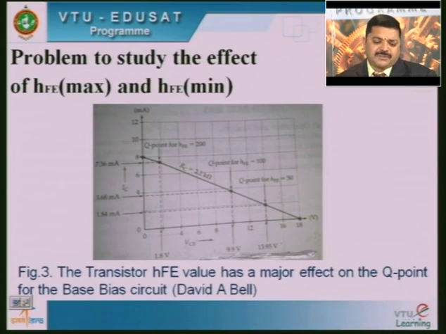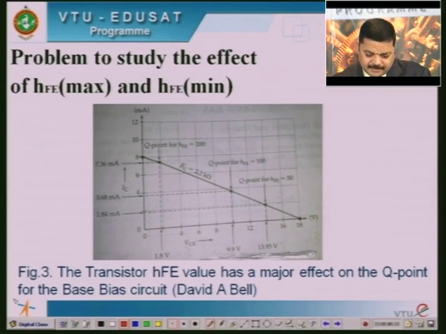Now, the problem is to study the effect of HFE max and HFE min. This is the graph which is taken from David A. Bell's book, and here we have marked the operating points for both cases. For HFE minimum, the operating point is here.